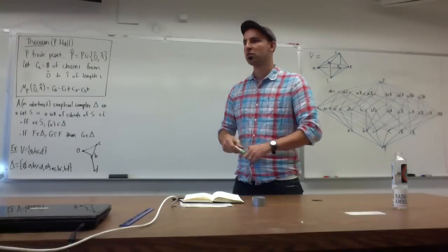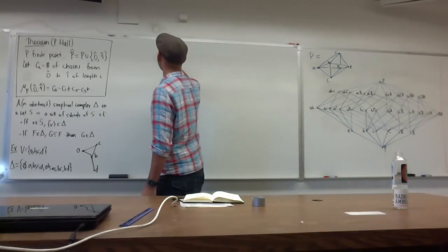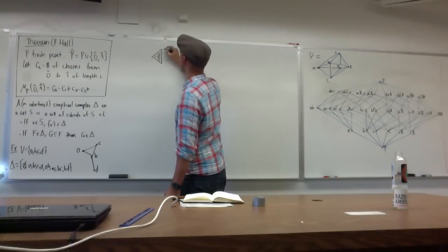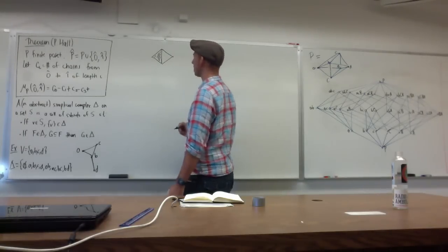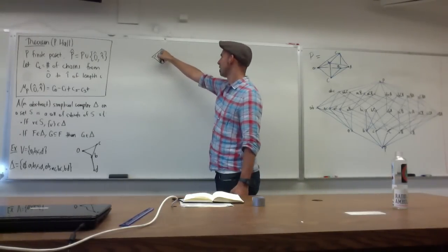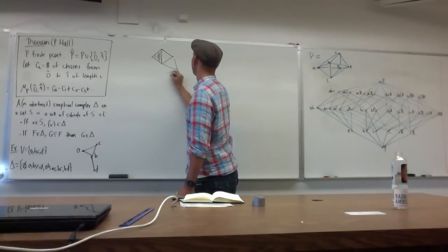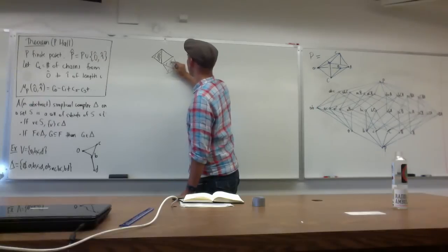Another simplicial complex is to put a full triangle. And then maybe you glue a hollow triangle here, so this segment and this segment, and then if you want, you can put a tetrahedron in here.